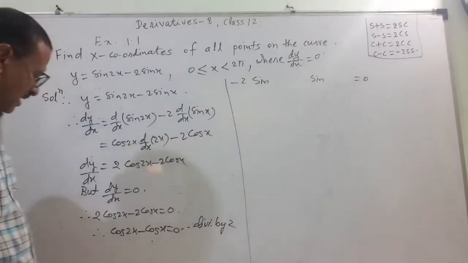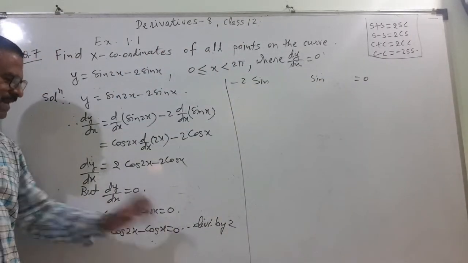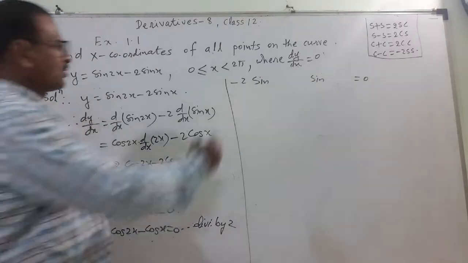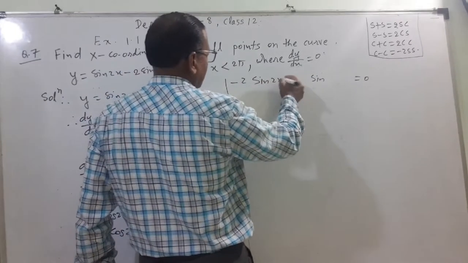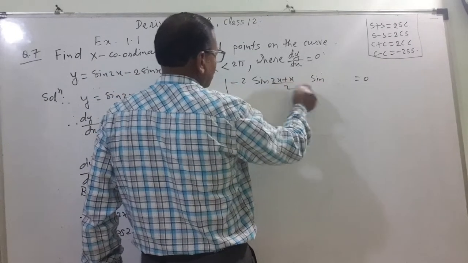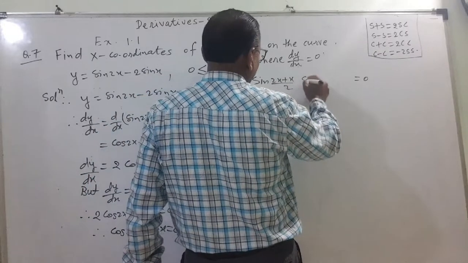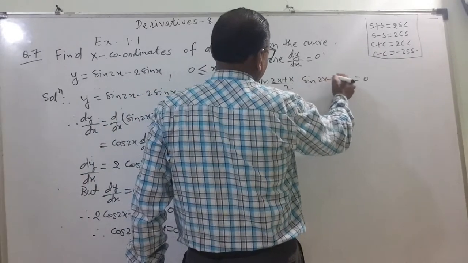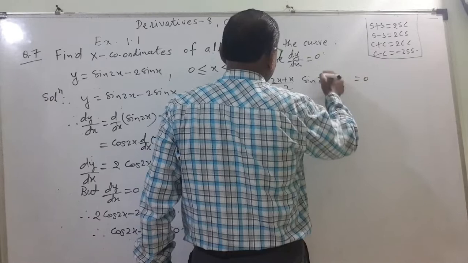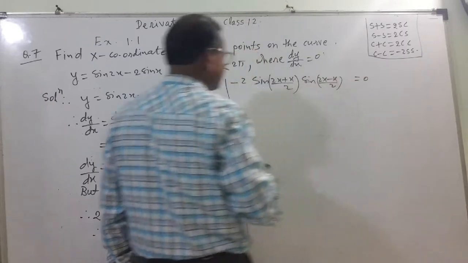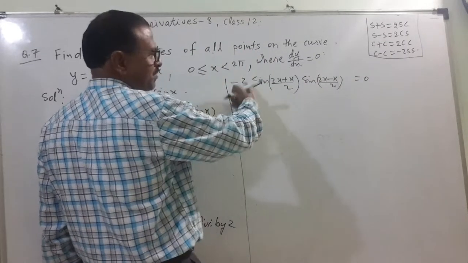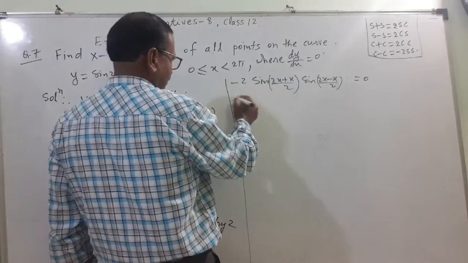At the first place, what we do is 2x plus x upon 2. At the second place, what we do is 2x minus x upon 2. This way we do. By this minus 2 I will divide.